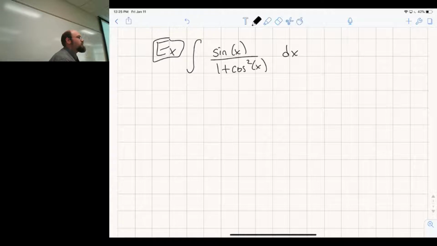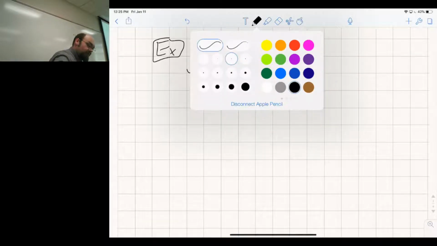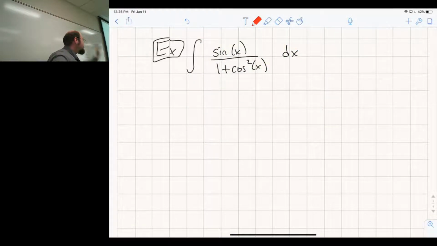What would be the first place you would start to tackle this? So, okay, I'm going to put it in red for don't do this. But it's okay if you said it, because this is the time where we can make mistakes and figure out why it was wrong. So u equals 1 plus cosine squared x.